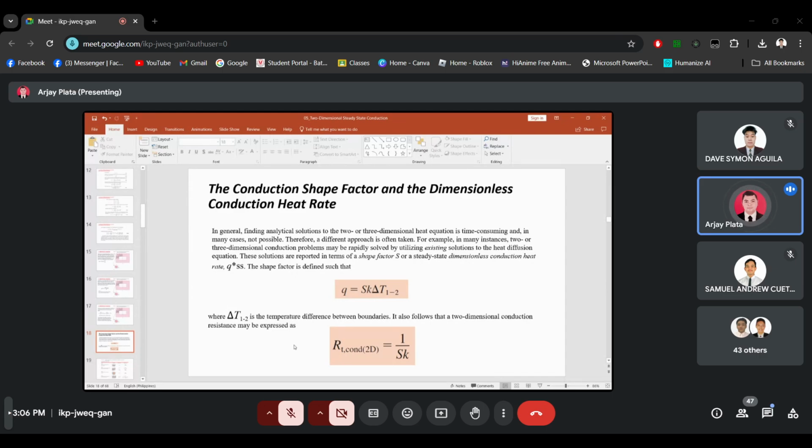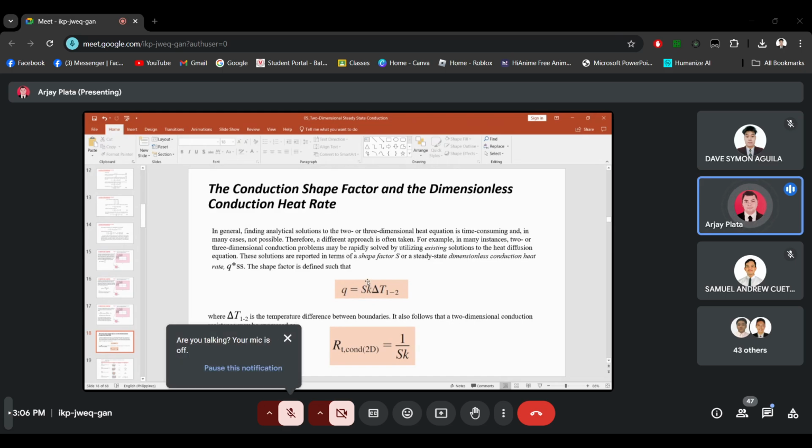Therefore, a different approach is often taken. In many instances, two or three-dimensional conduction problems may be rapidly solved by utilizing existing solutions to the heat diffusion equation. These solutions are reported in terms of a shape factor S or a steady state dimensionless conduction heat rate. So this is our formula for finding Q.